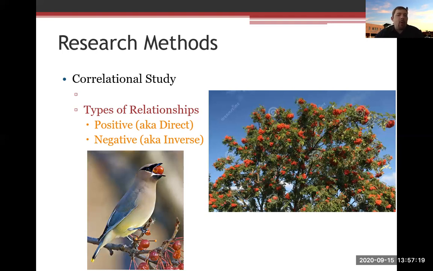What if we add a whole lot of birds? We throw 1,000 birds towards this tree. We're probably going to be able to predict that there are going to be fewer berries on that tree. So what we see is the more birds, the fewer berries. You can also reverse that: the fewer birds, more berries. That shows the birds and the berries are variables that are related to each other.